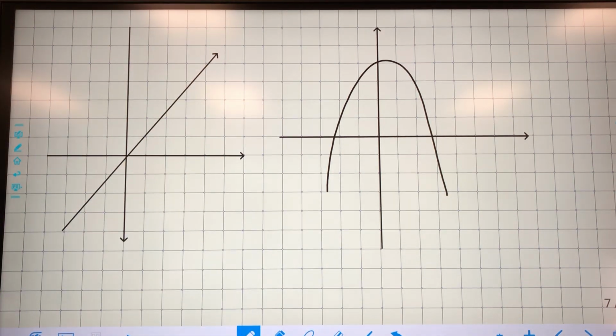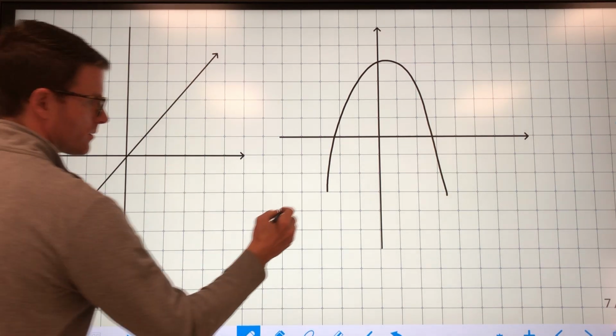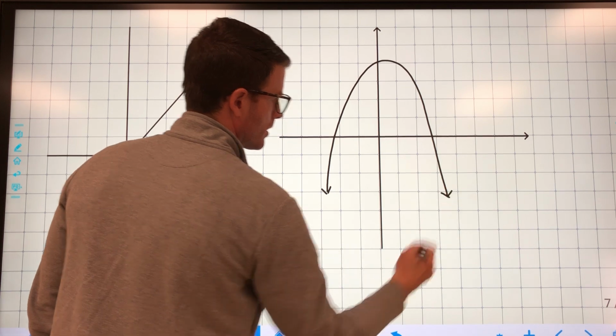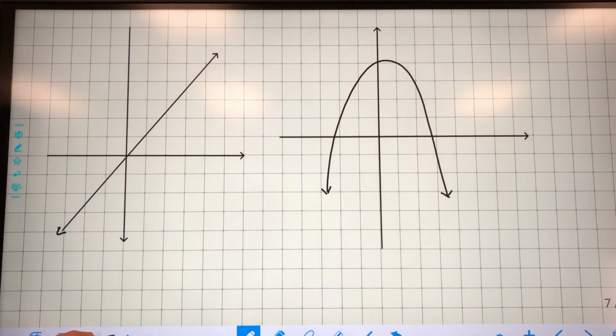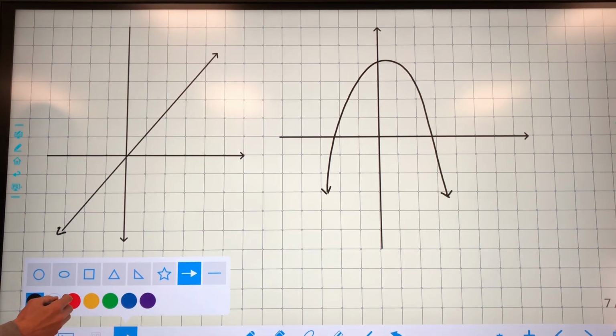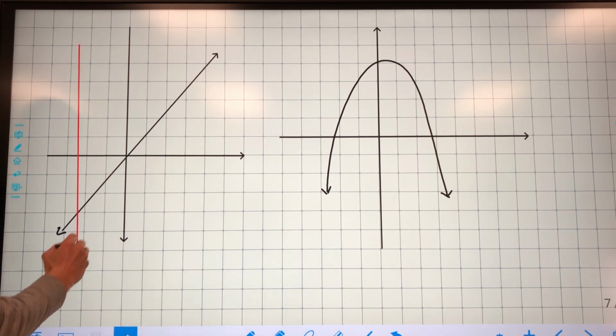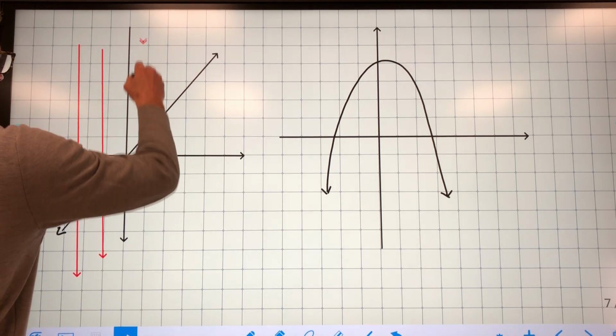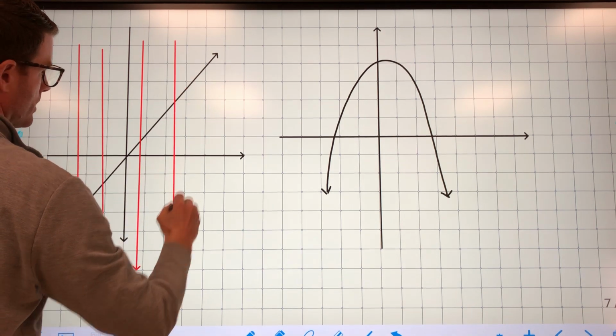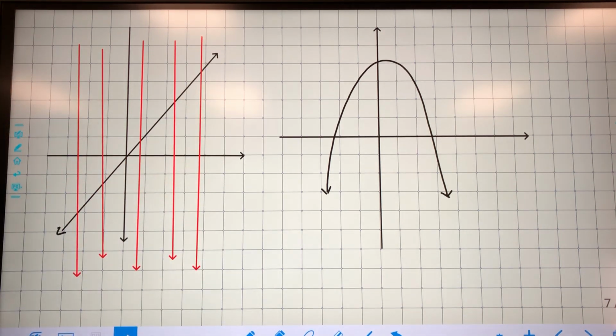Here are two examples. We do the vertical line test. We'll go red again, and we're just drawing vertical lines and seeing, do any of them pass through the graph more than once?